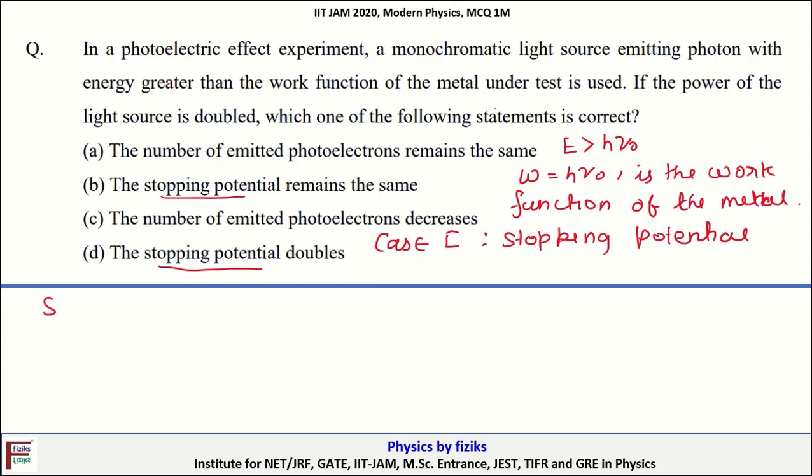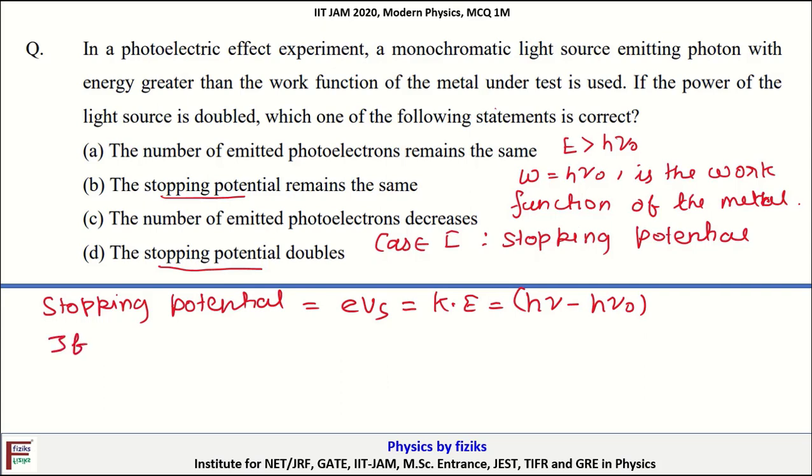Stopping potential is defined as eVs, which equals kinetic energy, which equals h nu minus h nu naught.